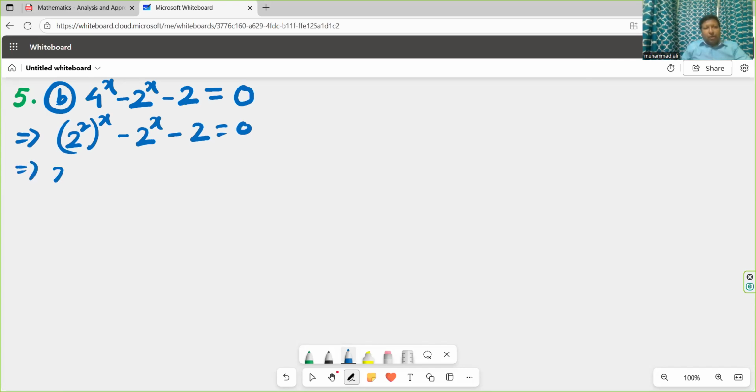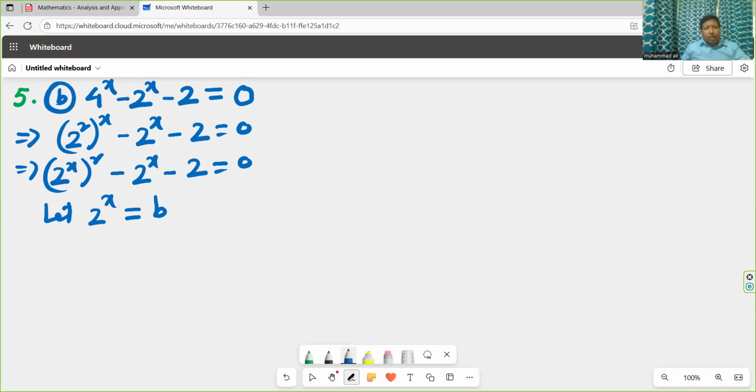We can write (2 to the power x) whole squared minus 2 to the power x minus 2 equals 0. Now, let 2 to the power x equal b. So b squared minus b minus 2 equals 0.